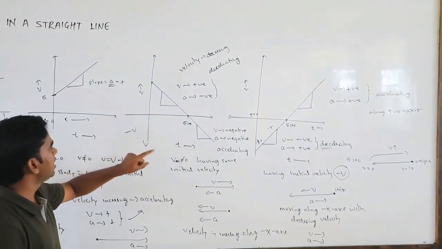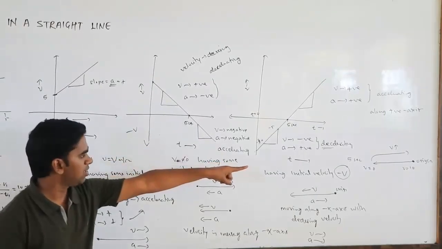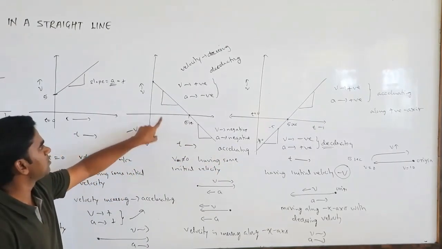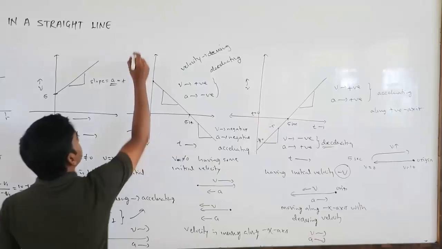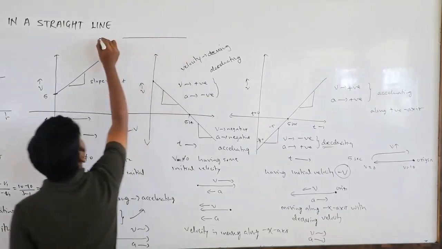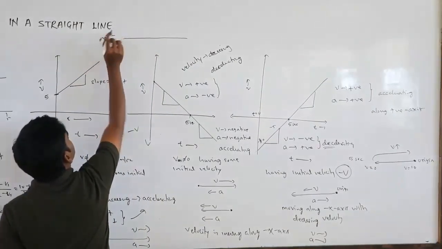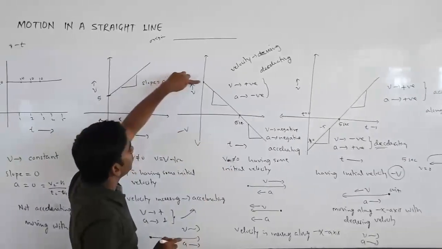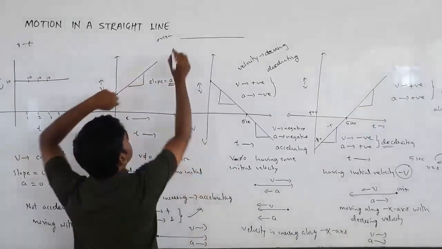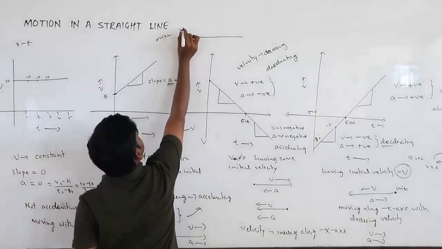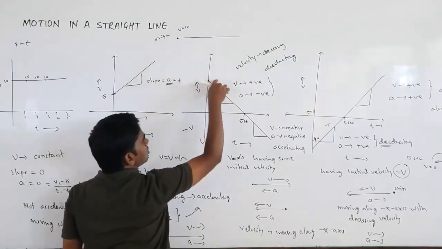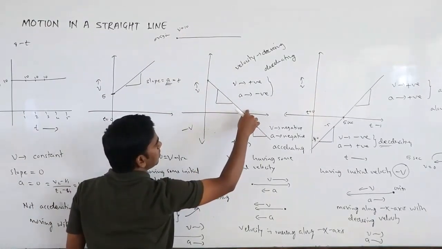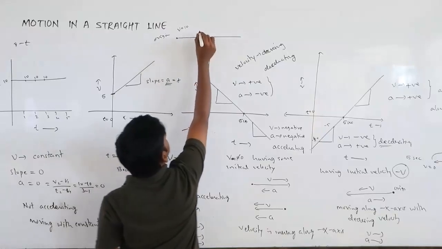The same way, you can plot the total motion diagram for this graph also. If this is your origin, in the beginning it is having some velocity, say v equals 10. The velocity becomes 0 after 5 seconds while moving in this direction.